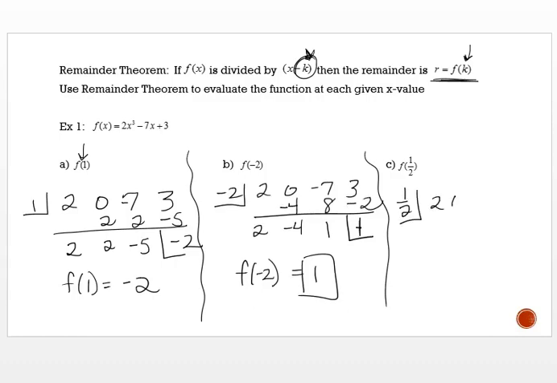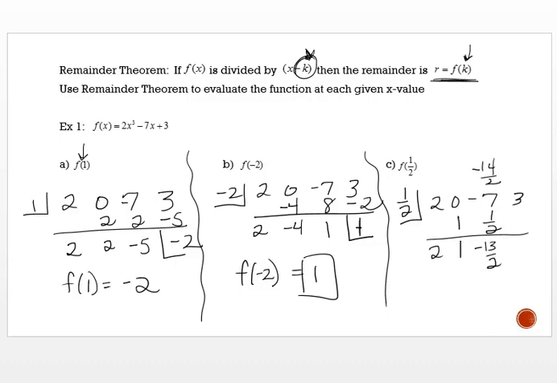So I'm going to go 2, 0, negative 7, and 3. Don't let the fraction scare you. Bring the 2 down. 2 times 1/2 is 1. 0 and 1 is 1. 1 times 1/2 is 1/2. Now I need to get a common denominator. Make 7 into halves, so it would be negative 14 halves. Plus 1/2 is negative 13 halves.